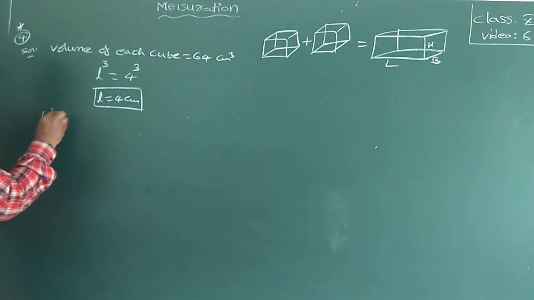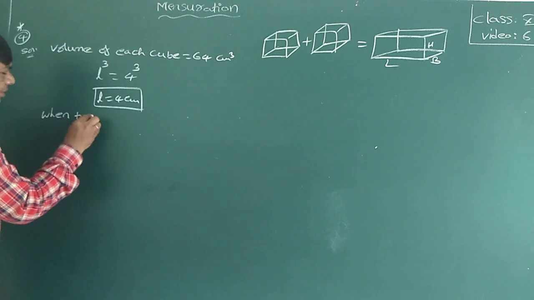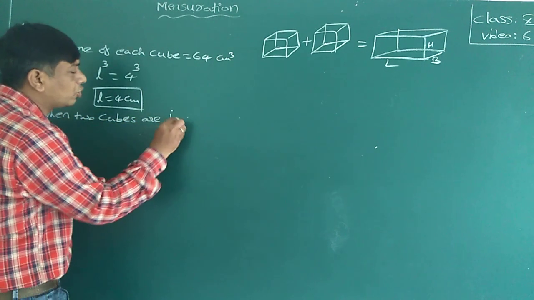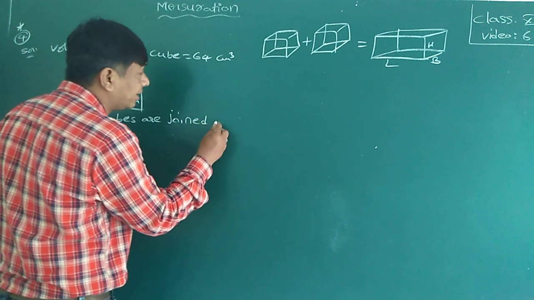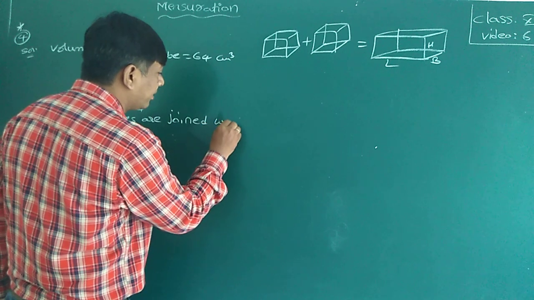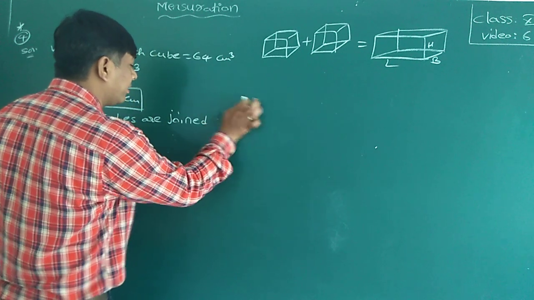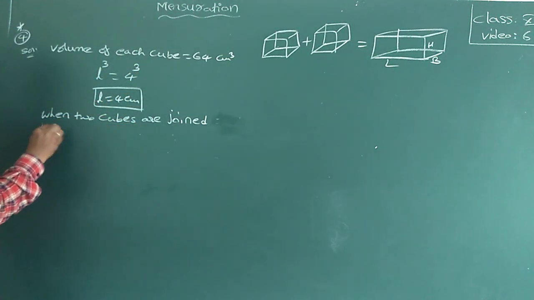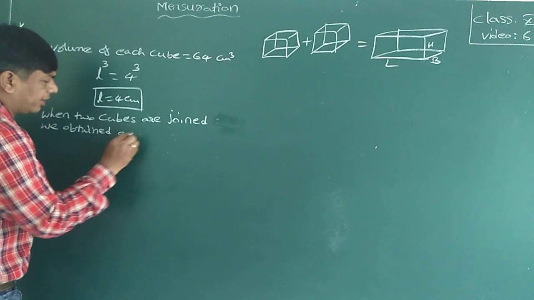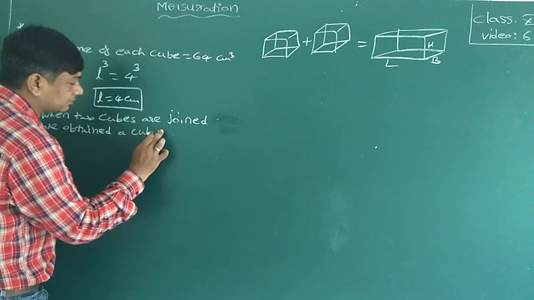So when two cubes are joined, we obtain a cuboid.